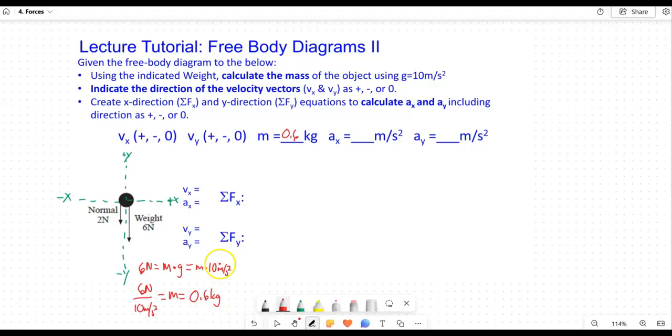All right. Now, this is pointing in the negative y direction, so I'm going to rewrite this, and I like to use mg. So mg is pointing down, and that's going to be negative 6 newtons, as it's pointing in the negative y direction. The normal force, it's weird that there's a normal force pointing down.